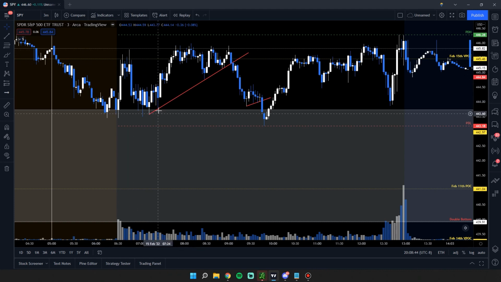Right here, we started an uptrend. So we have our lower low here, and then we have a higher high somewhere around here, a higher low, higher high, higher low, and this is a higher high as well. And then right here, this is still a higher low, but then we have a lower low, and now we have a lower high.